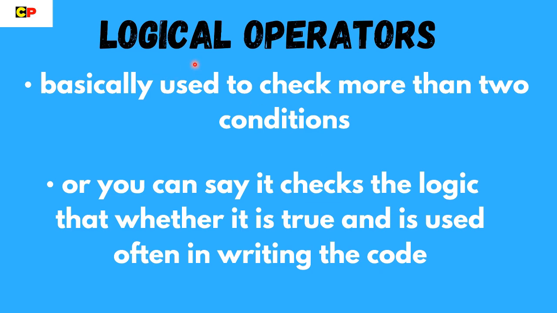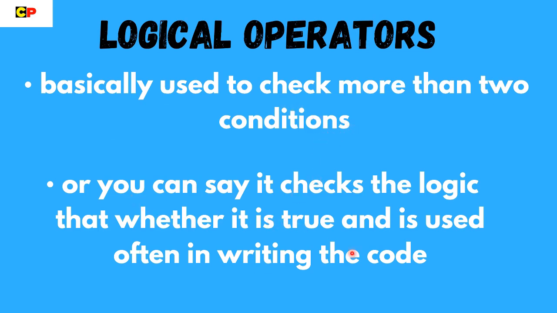Please note that in the case of relational operators we used comparison, but here we'll check the condition only, whether the condition is true or not, and we'll check more than one condition at a time. For that purpose we can use logical operators in C programming.